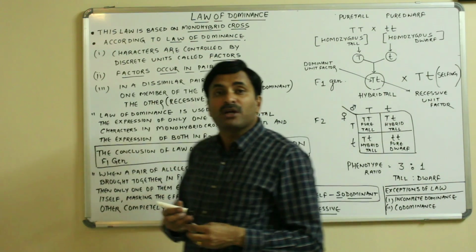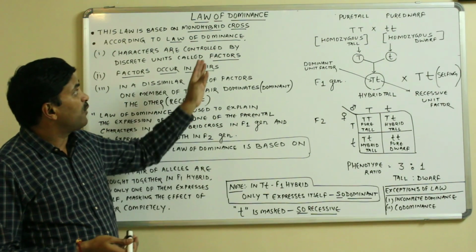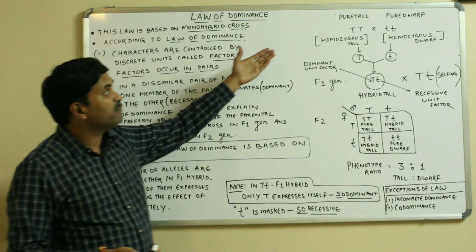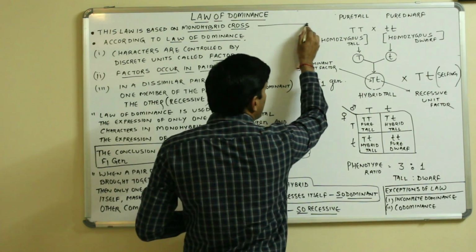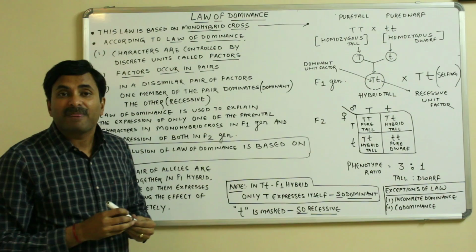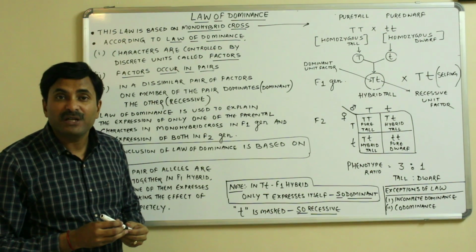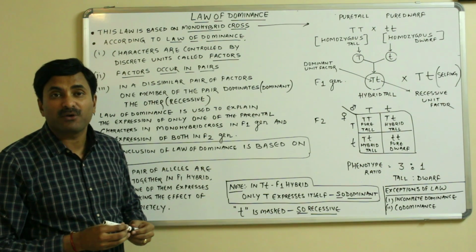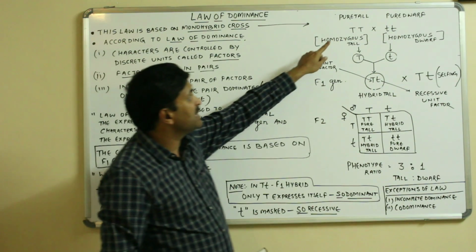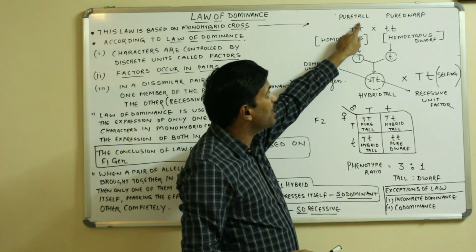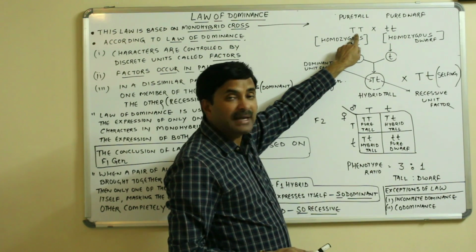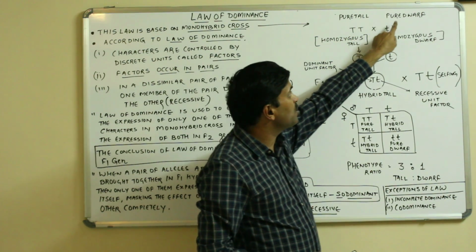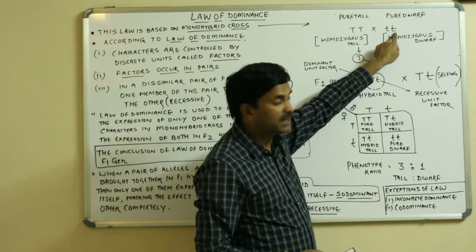Now if we want to explain the law of dominance in a better way, we have to discuss the monohybrid cross. This is a monohybrid cross. We know very well that in a monohybrid cross, we take one pair of contrasting characters. Here I have taken pure tall and pure dwarf. Pure tall is shown by capital T, and pure dwarf is shown by small t.